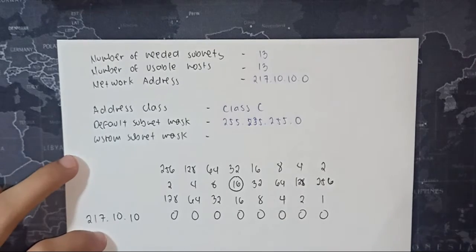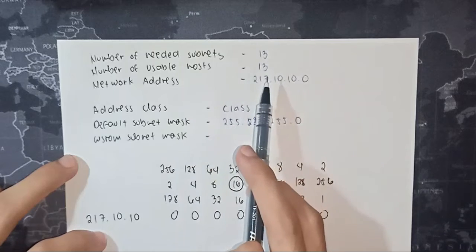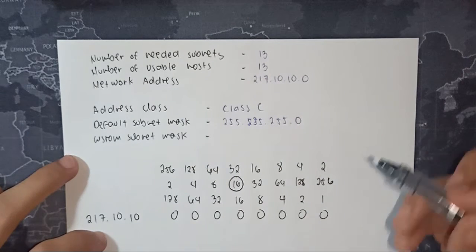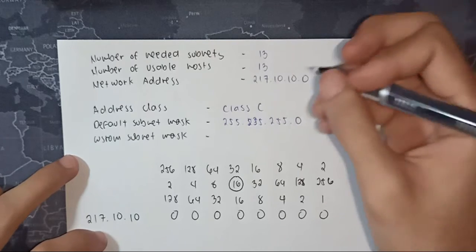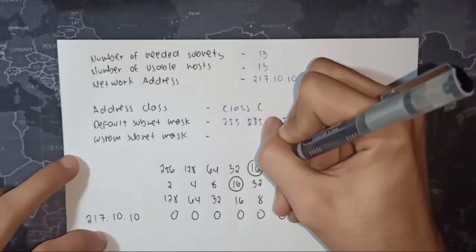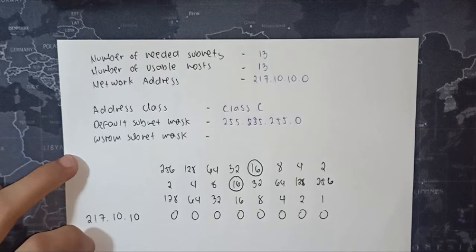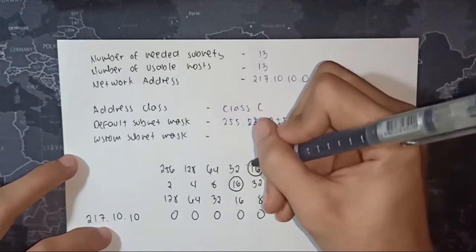Then the next thing is the number of usable hosts, which is 13. So we're just going to do the same as we did in the number of needed subnets. So encircle this, the nearest number after the 13. Now we're gonna draw a straight line in the middle of the two encircled values.